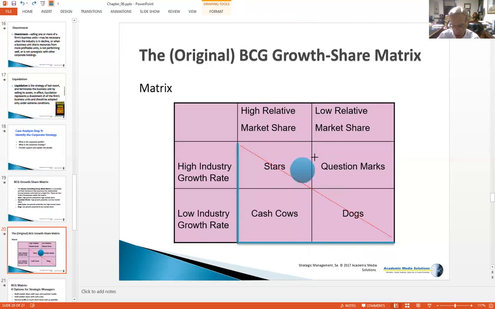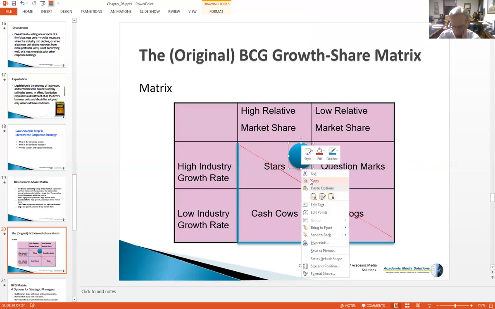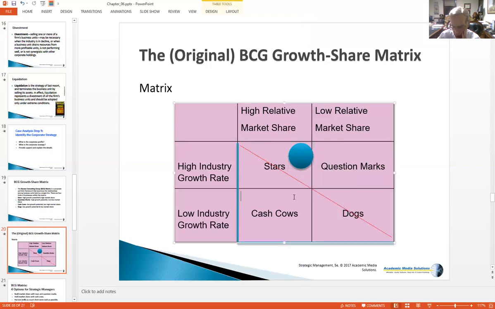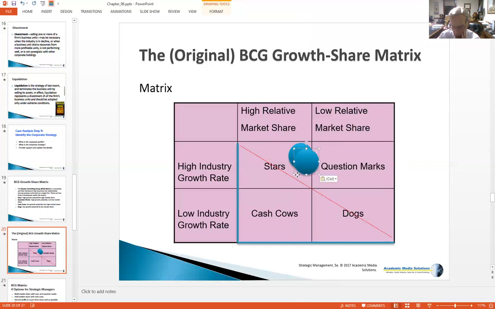All right, so you can see that our market share in this case isn't terribly high, but it's not really low. It's relatively high. Now let's have another one here, and we'll put it on this page. And here's a cash cow. And maybe what we might have is 2 or 3. We don't have to have just one here. But in any event, here's a cash cow.